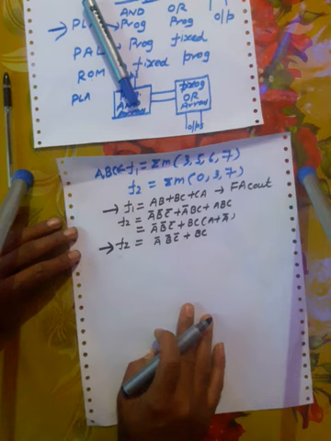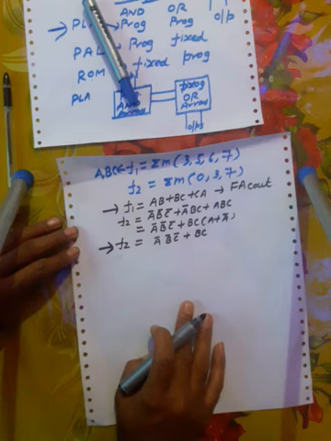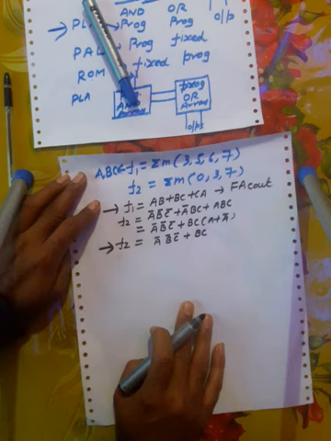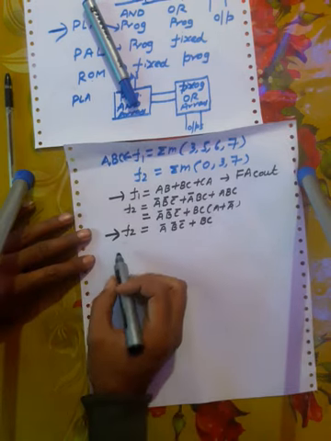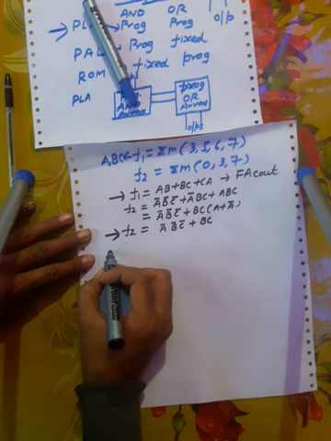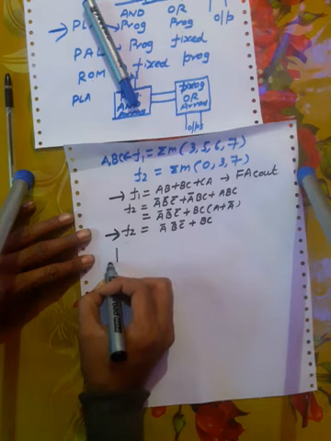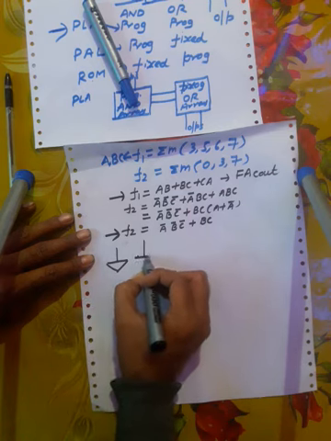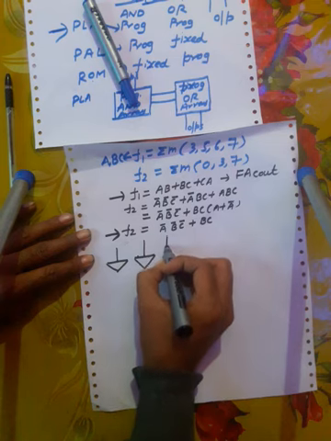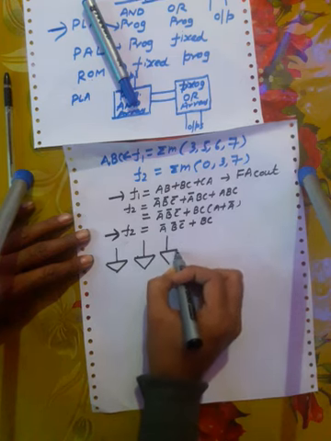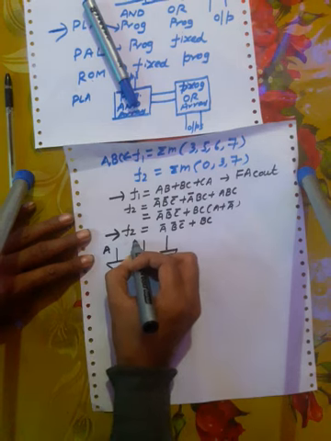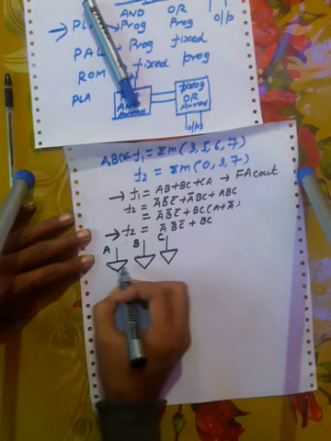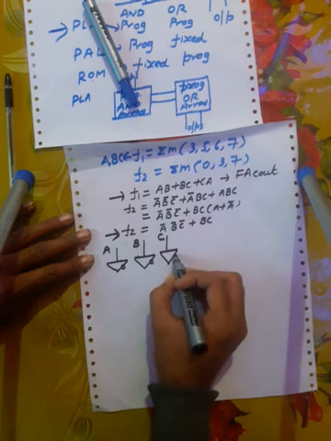First of all, we will make 3 buffers, because the input variables are 3: A, B, C. So you will make 3 buffers for A, B and C. From here there is a bubble.